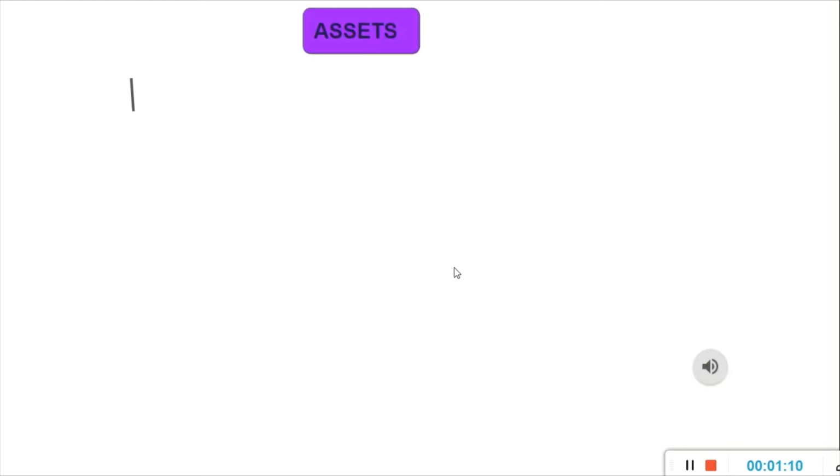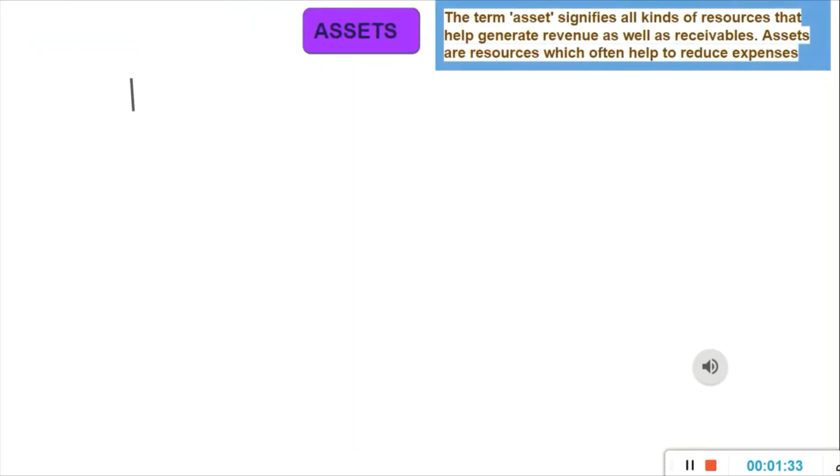What is an asset? An asset is something containing economic value and it has future benefit. An asset can often generate cash flows in the future, such as a piece of machinery, a land, and equipment like that.